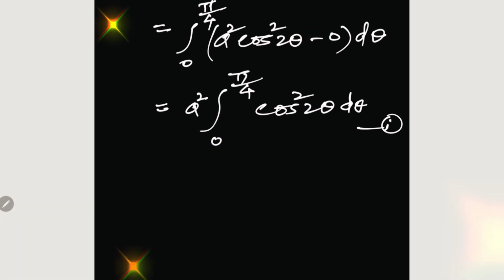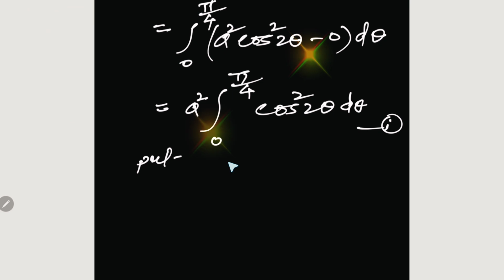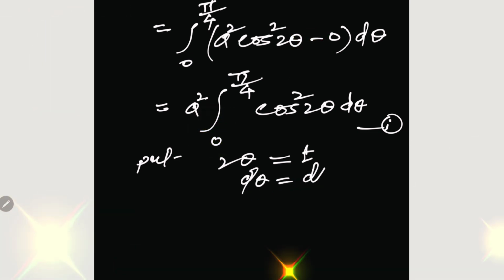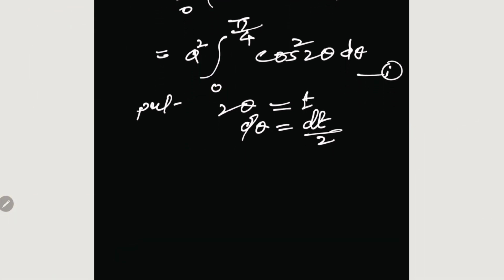And therefore, we use the substitution 2 theta as some new variable t. Differentiating it, we get d theta as dt by 2, transferring that 2 to the other side. And we get the new limits.